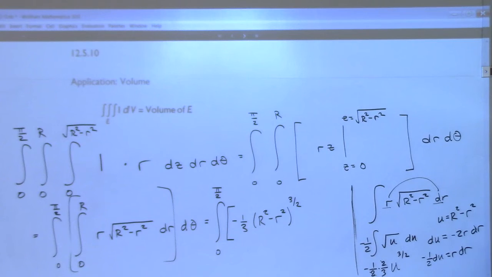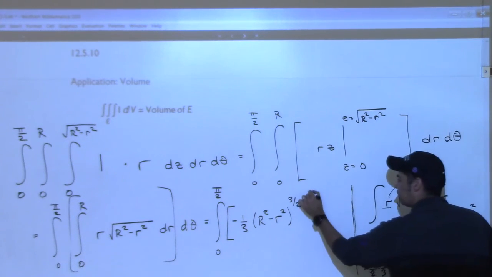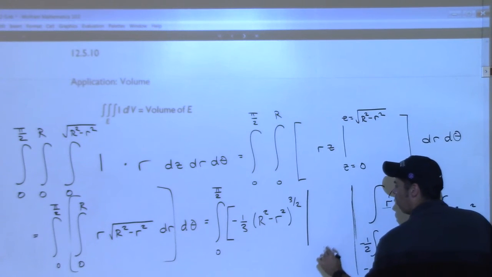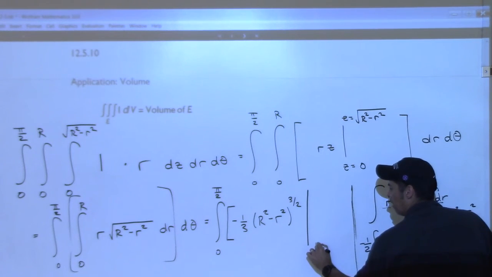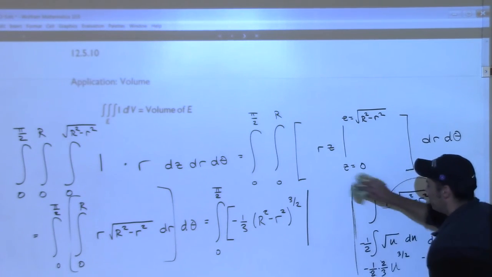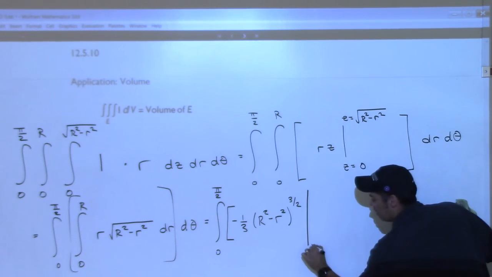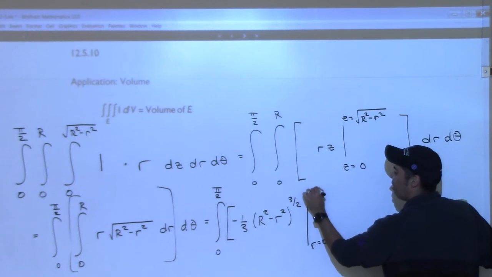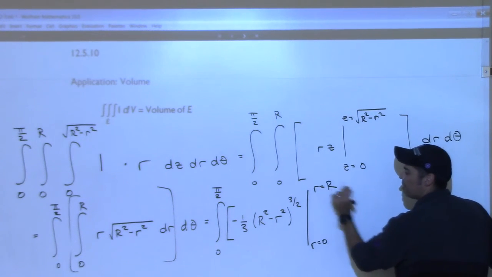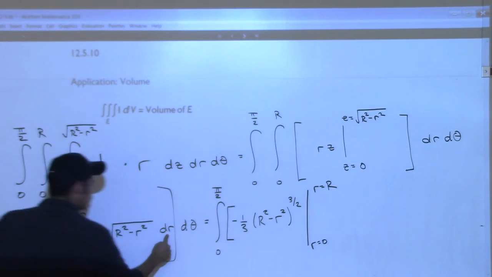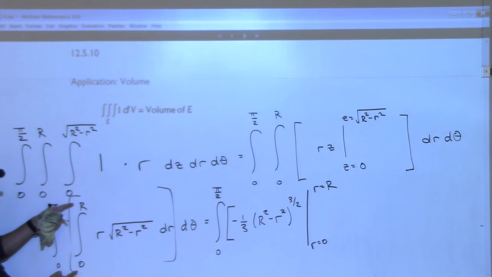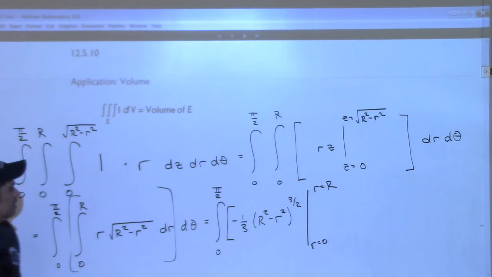Right, that's my antiderivative. And I'm evaluating this where? Little r is equal to 0 and little r is equal to capital R. So because I was integrating with respect to r, these are my restrictions on little r.